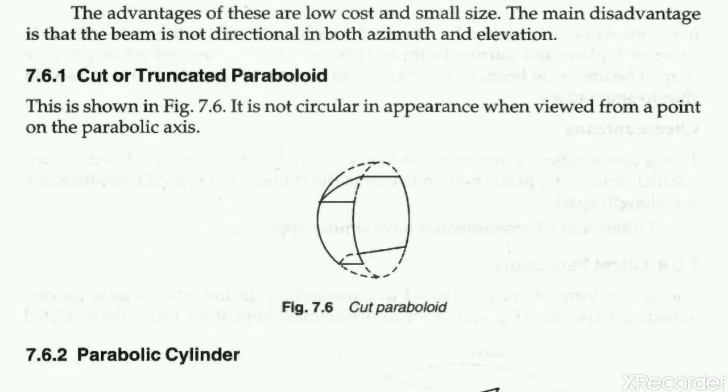It can be seen from this figure that the cut paraboloid reflector is shown. It is not circular in appearance when viewed from the point of the parabolic axis, so it is not that much circular. If we see its structure from the parabolic axis, it is also called a truncated paraboloid.